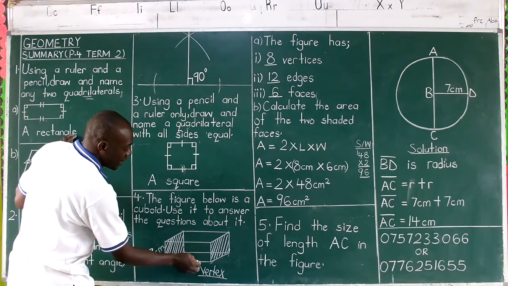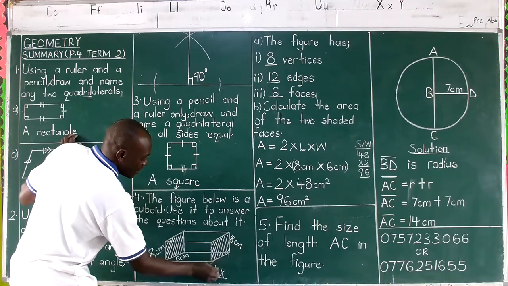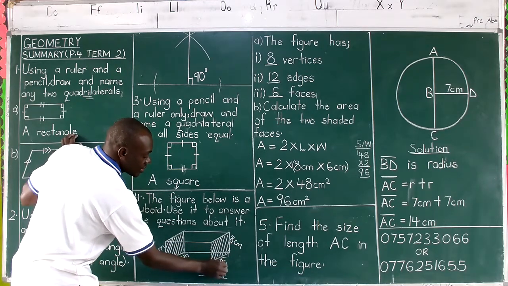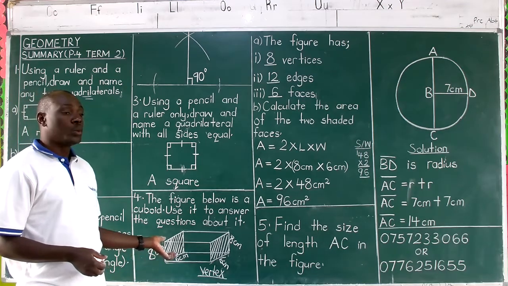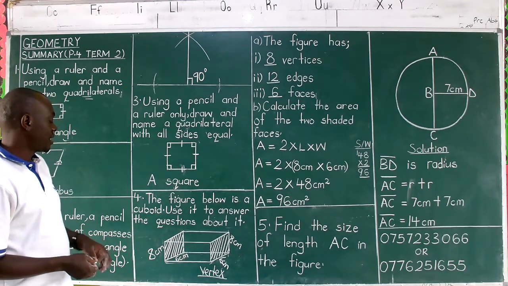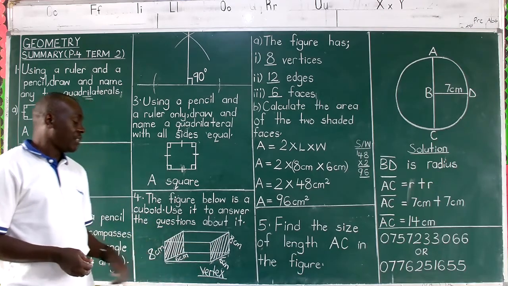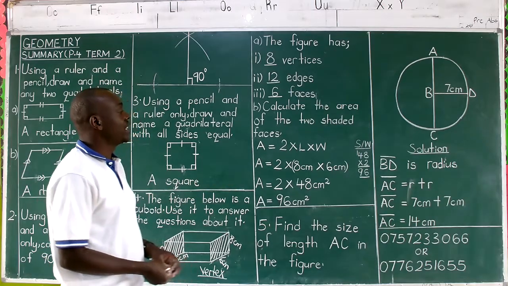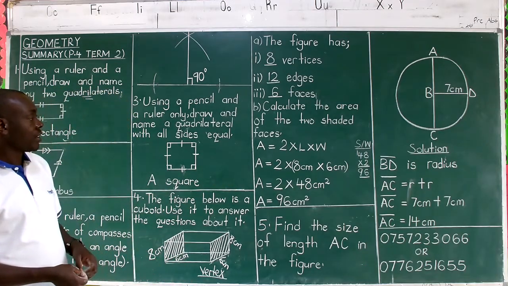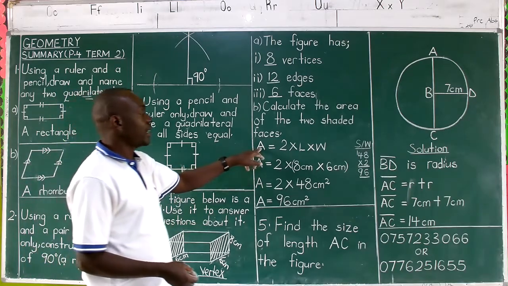Likewise, we transfer here 8 centimeters and here 6 centimeters. You find out that there are 2 rectangular faces, each having a length of 8 centimeters and a width of 6 centimeters. So the area of the 2 shaded faces being rectangular is got by this formula.